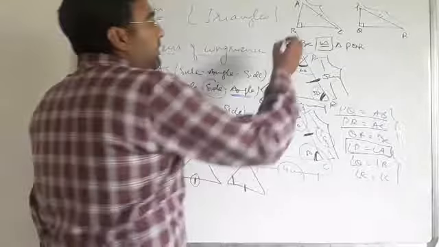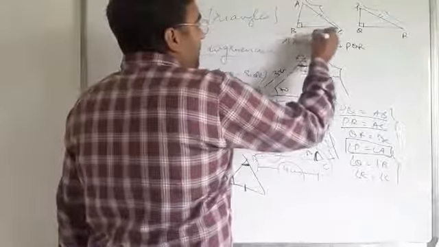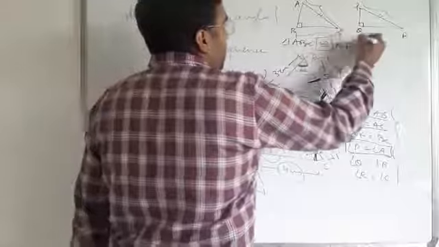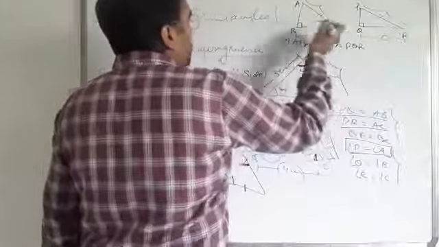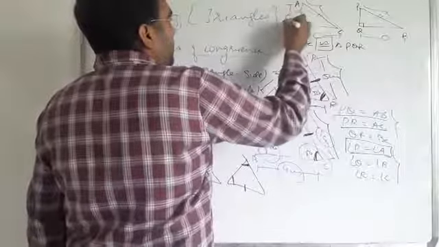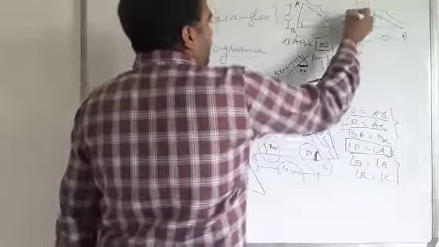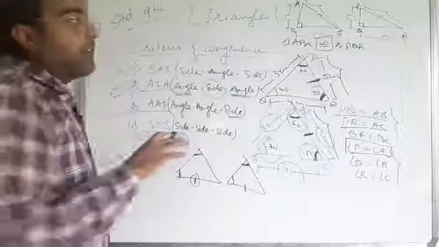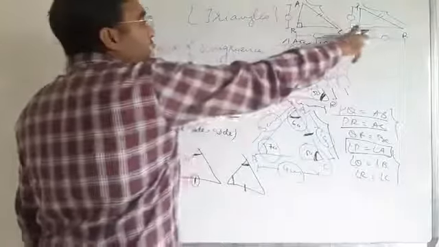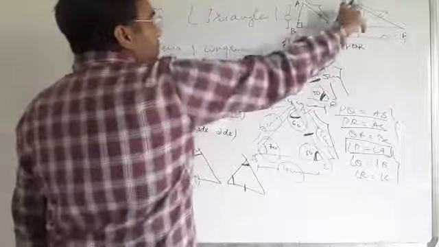We have to take one side as BC to QR, or we have to take AB to PQ. We don't take AB to QR, or BC to PQ.